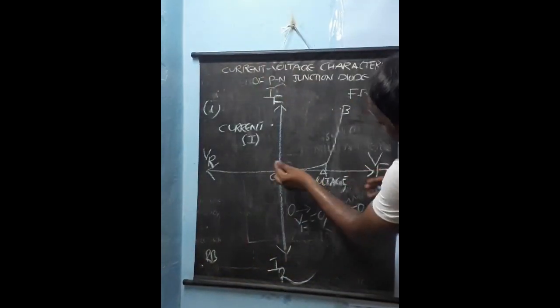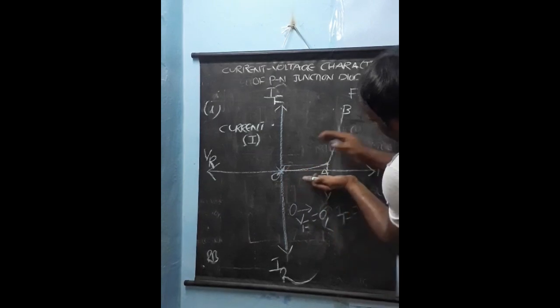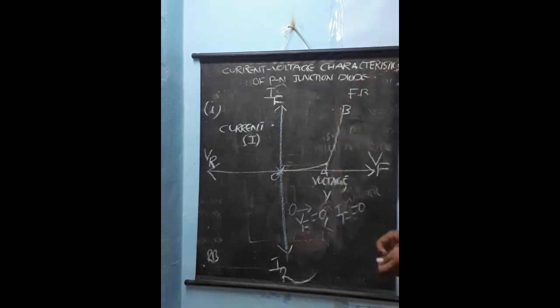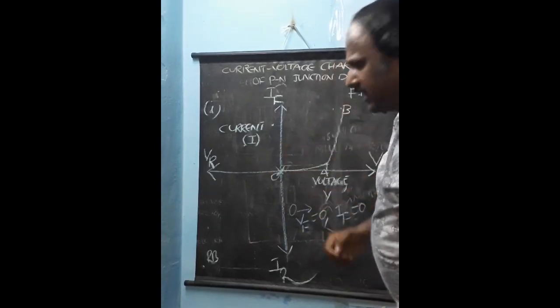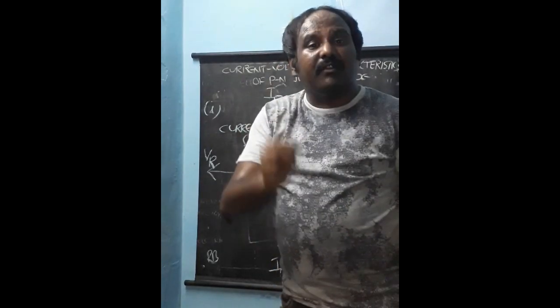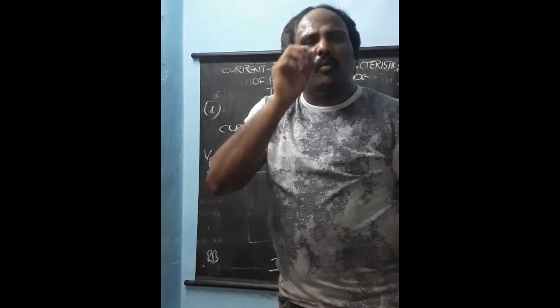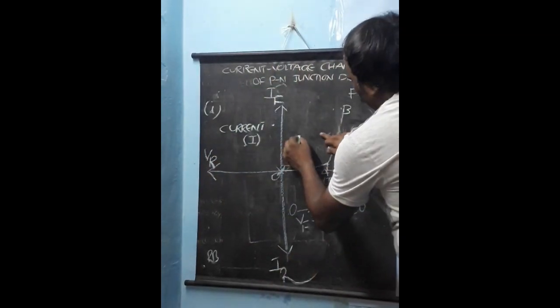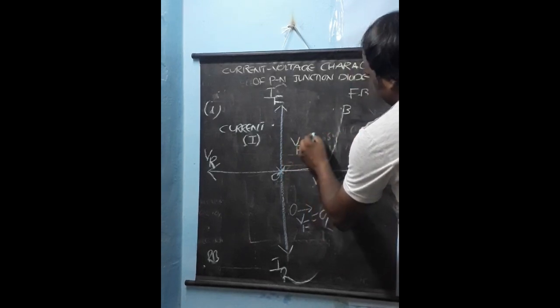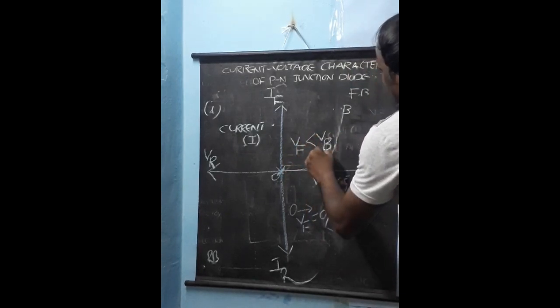See, the current increases only up to here. This is only the current increment. So with increase in voltage from O to A, current is increasing, but very little. What is the reason? From O to A, the forward voltage is less than the potential barrier.